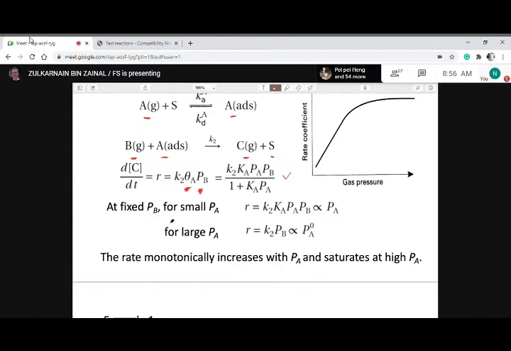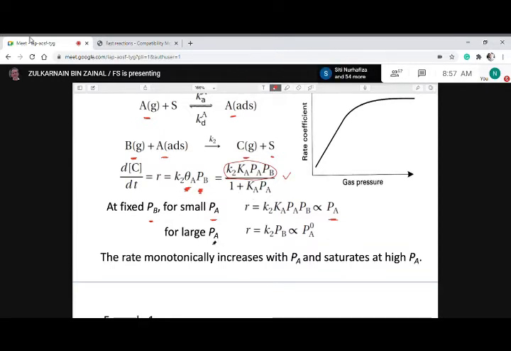For fixed PB and small PA, R is equal to K2 Ka Pa Pb, so R is proportional to PA, right? Small PA means we only consider the top part, because 1 plus Ka Pa is only 1.